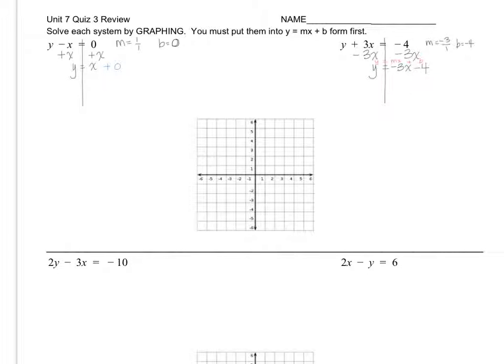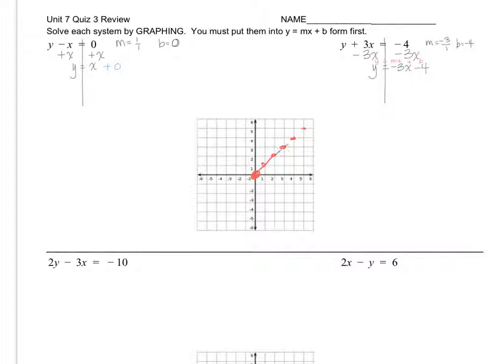I'm going to start with this over here. I said my m is 1 over 1 and my b is 0. So put a point at 0 and you're going up 1 over 1, up 1 over 1.